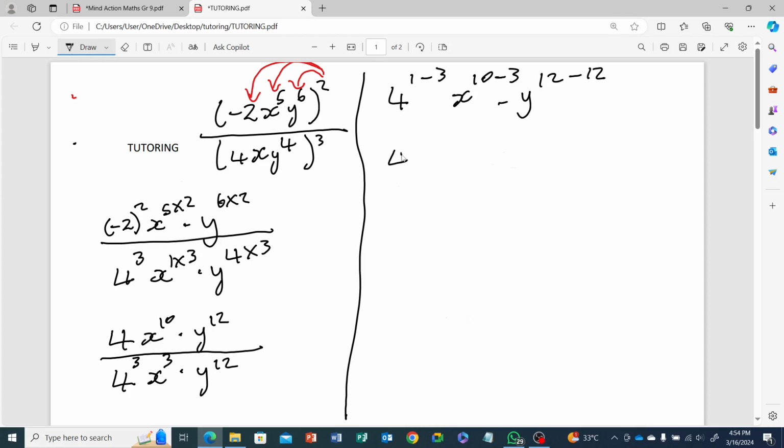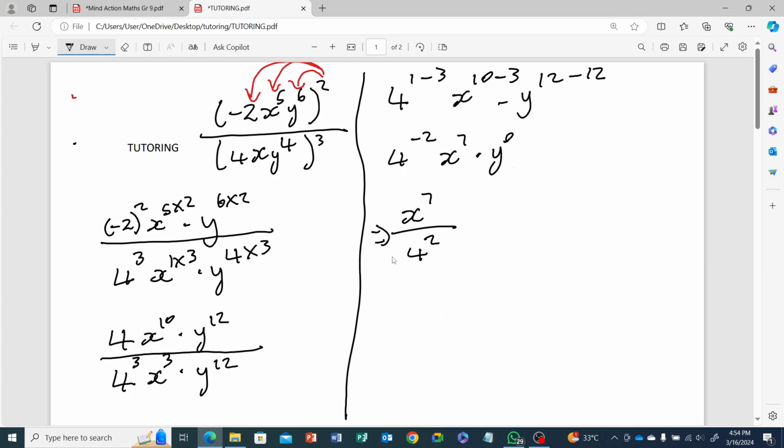So we'll have 4 exponent negative 2 times x, not 10 but x, forgive me for that, to the power of 7 multiplied by y to the 12 minus 12, which is raised to the 0. So any number raised to the power of 0 is 1. So to simplify this, we are going to have x to the power of 7 divided by 4 squared.